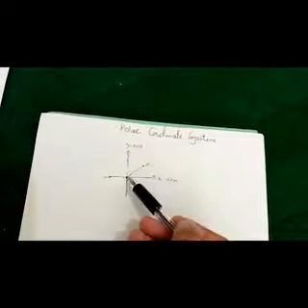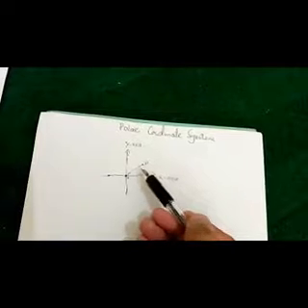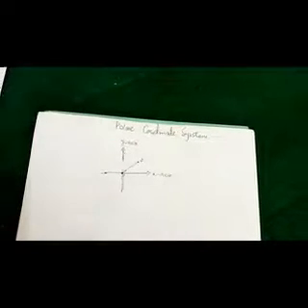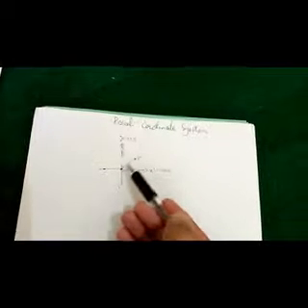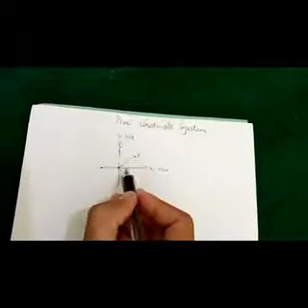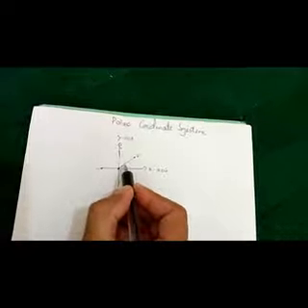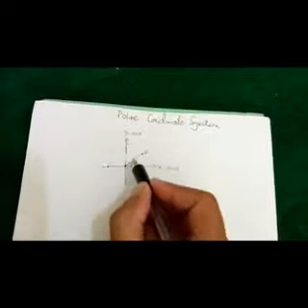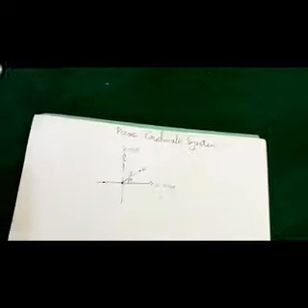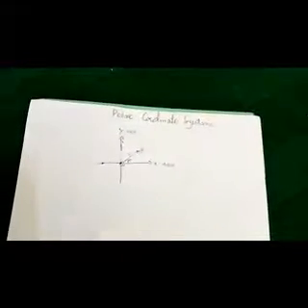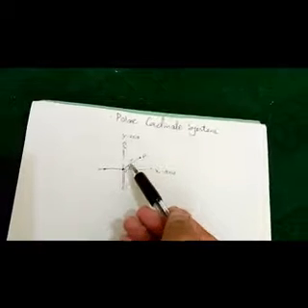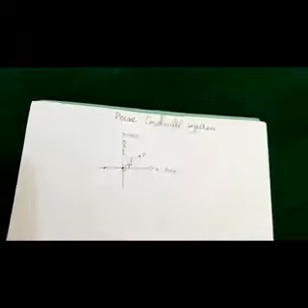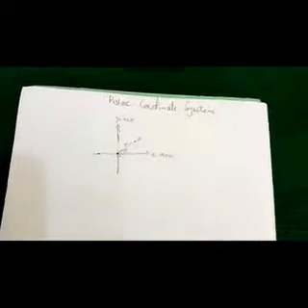The distance from the reference point to the point P is noted as r, and the ray from the pole is called the polar axis. It makes an angle theta with it. This r shows the position, or the radius or direction as you call it.